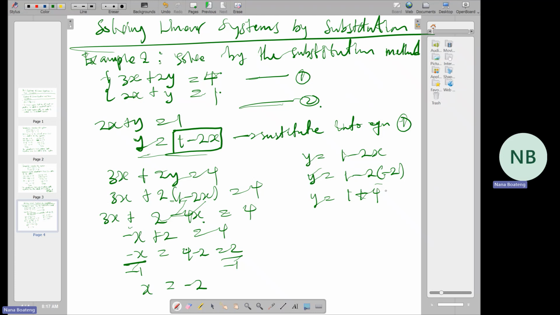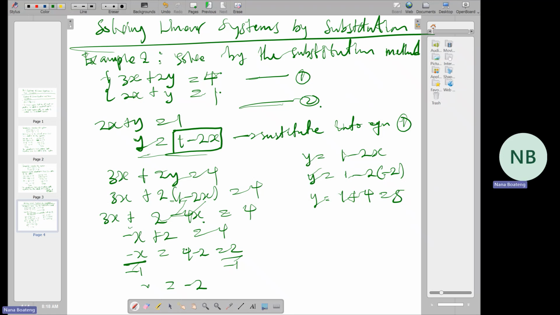So y is equal to 1 plus 4, which gives us 5. So x is negative 2 and y is 5.